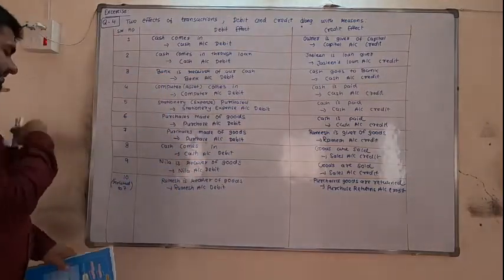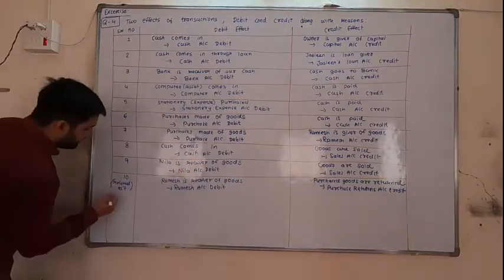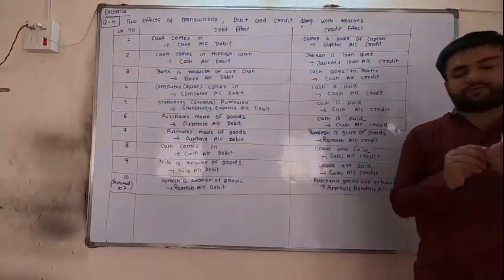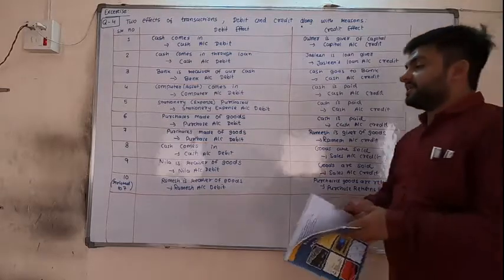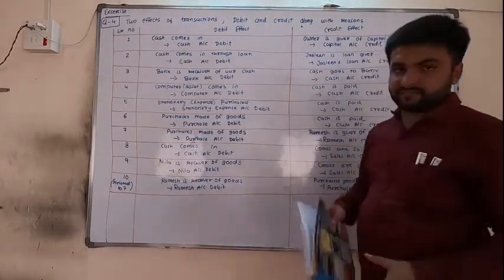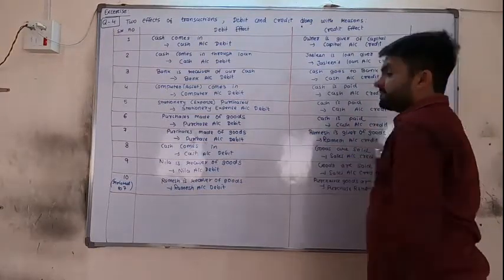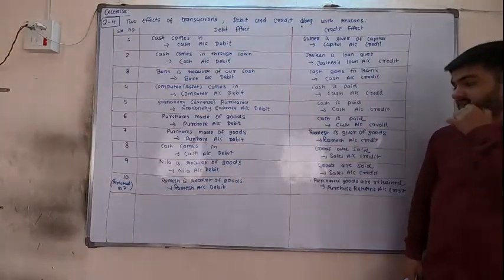Please understand the transaction number 7. The 10th transaction is totally opposite to it. Why? In the 7th transaction, whenever we are purchasing, purchase goods are coming in, so purchase debit and Ramesh is the giver, so Ramesh is credit.